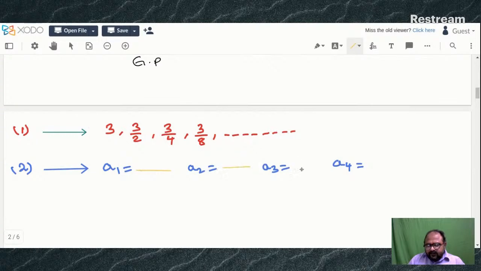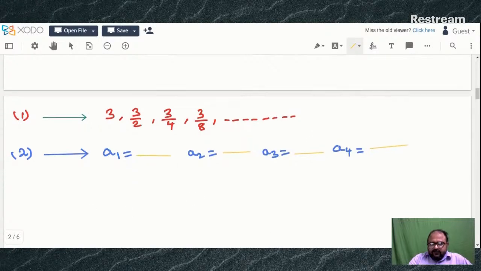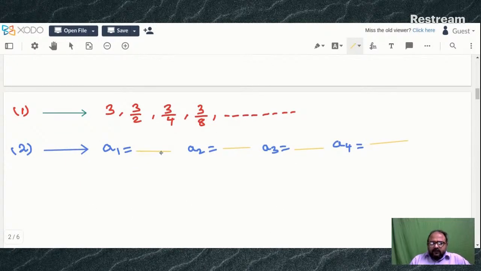So this is a gap. You should fill up this gap. What are the terms given? First term, second term, third, and fourth term. You should write all these terms. Now, step 3.